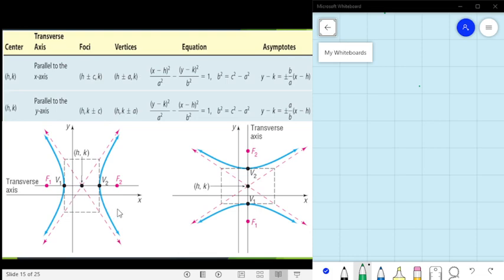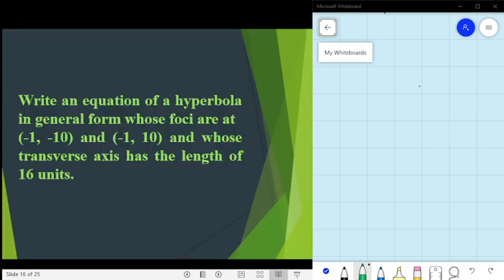So importante po ning asymptote sumud kay mao na si basihan that the hyperbola is asymptotic to these two lines. Nga dili sila molapas. Okay? And this is the graph for hyperbola with transverse axis parallel to the y-axis. Okay? So let's proceed now to example number 1.